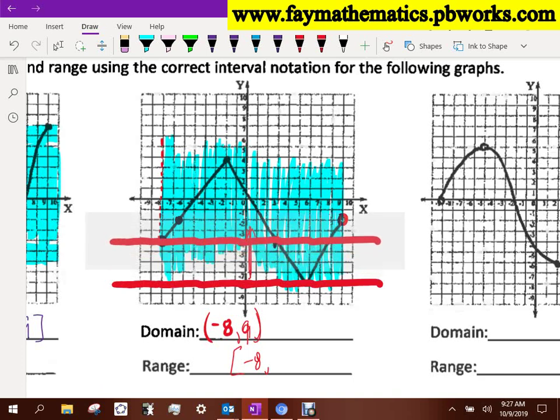So I go here, and the issue was that was an open dot. But do I at least cross? So I don't cross here. But do I cross here? And do I cross there, right? So that tells me that there are ordered pairs that have that y value.